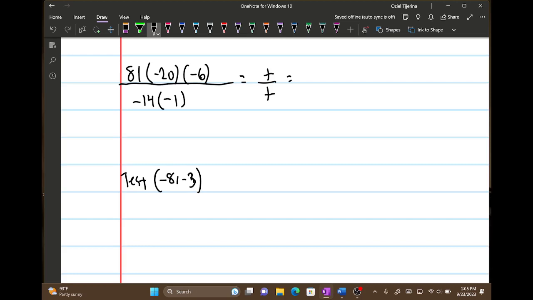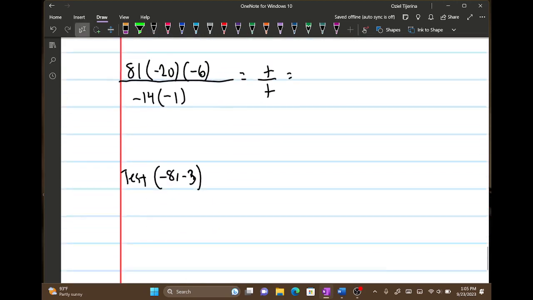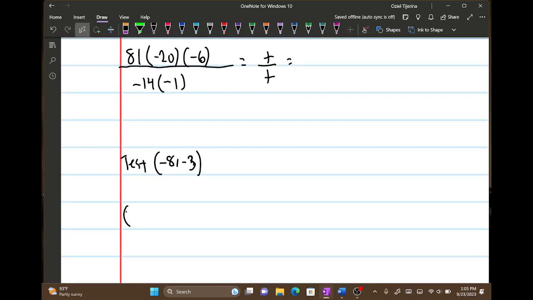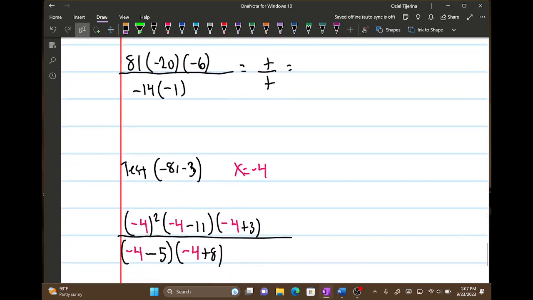Okay, so then if we do that, it's going to be the following. Let me go ahead and test. Choose an x value between -8 and -3. We're going to choose x equals -4. I also want to state this is not a coordinate, okay? This is an interval. So do not confuse this with a coordinate.